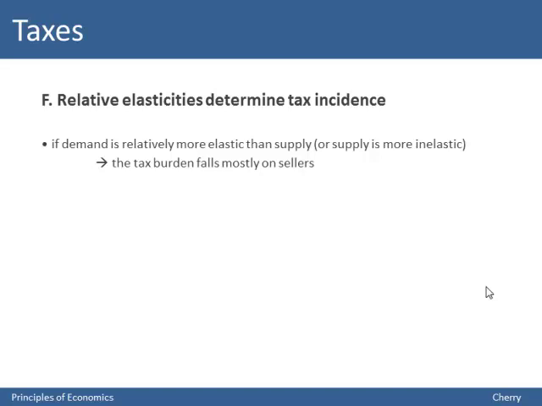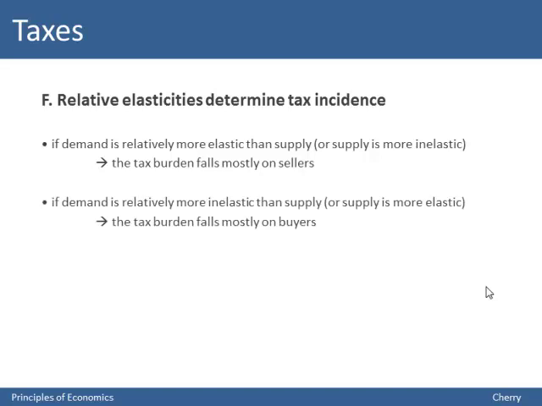Right? So the sellers are more locked into that transaction. They need that transaction much more than the buyers. So that affects the implicit negotiation of the tax incidence. Right? So if the buyers can more easily walk away from the transaction, then the sellers are going to do more to keep those buyers.